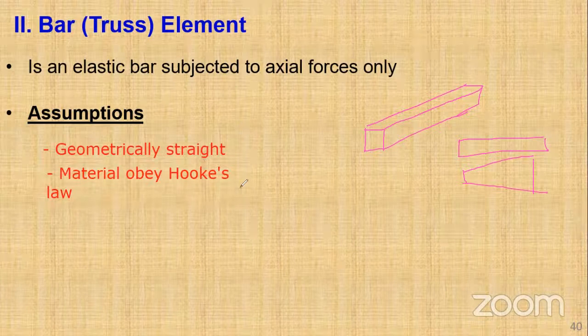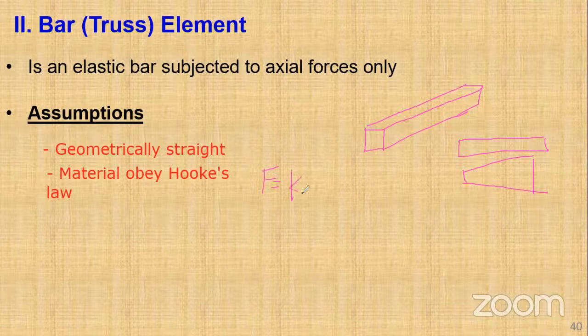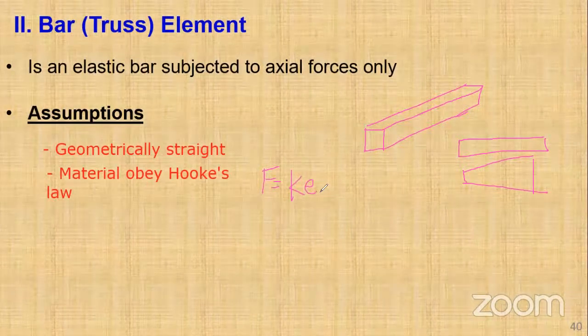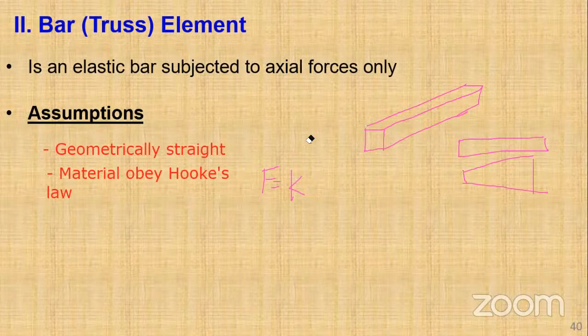And in this case, we may not be talking of K as you know it, because we know that E is used in other cases. So mostly what we'll be referring to in deformation is K delta. So the material obeys Hooke's law.